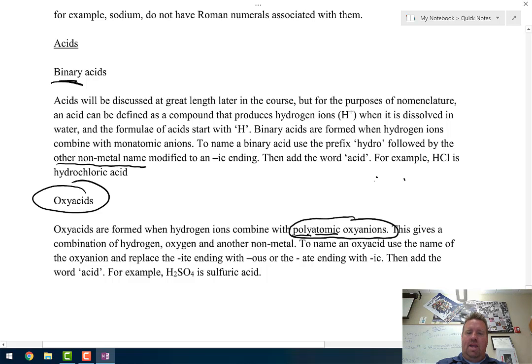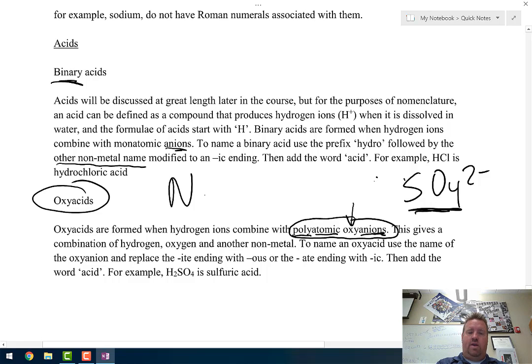So you've got many atoms, and you've got an anion, a negatively charged ion, just like up here, but that has oxygen in it. Some examples of polyatomic oxyanions are sulfate, SO4 2-. That is polyatomic because there's more than one atom, oxy because it's oxygen, anion.